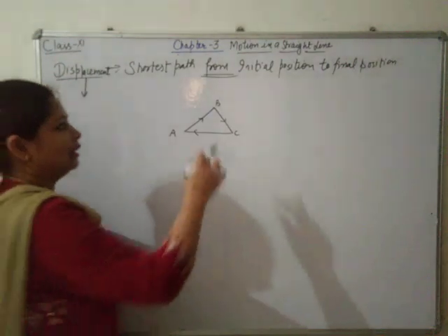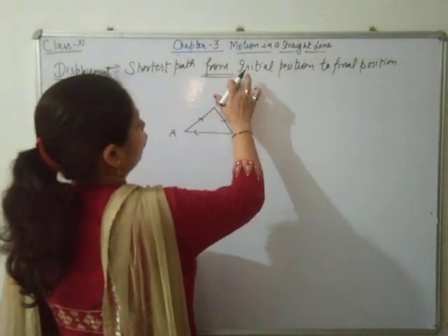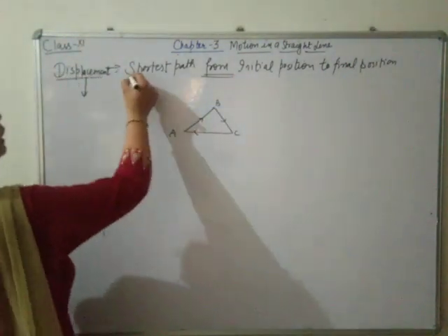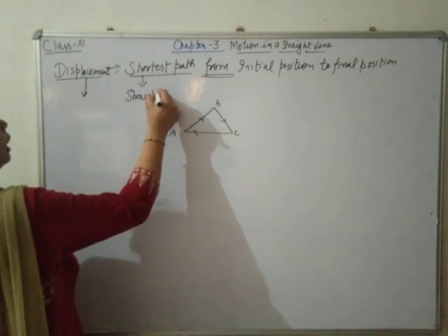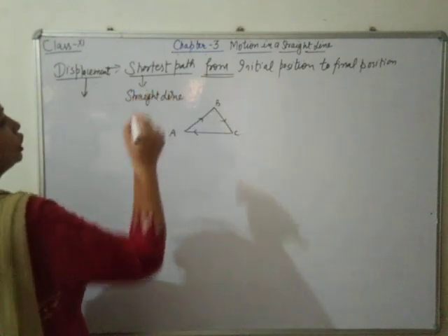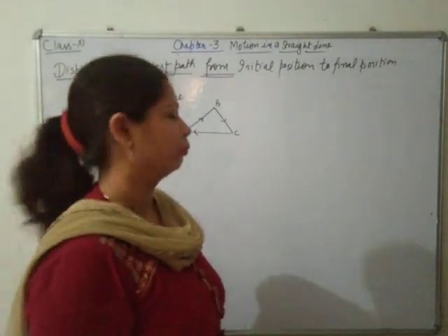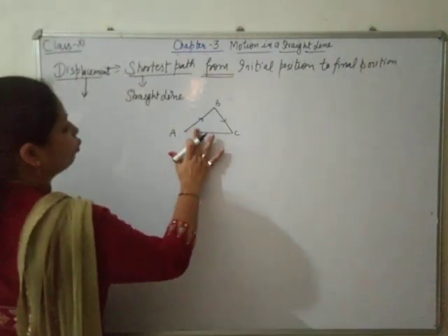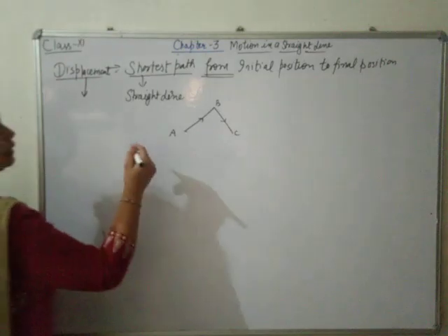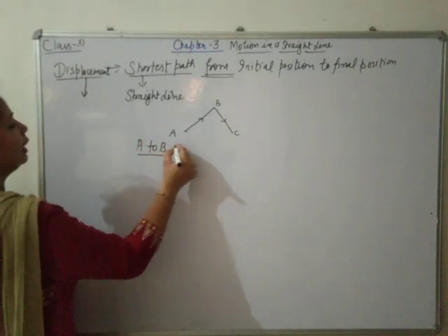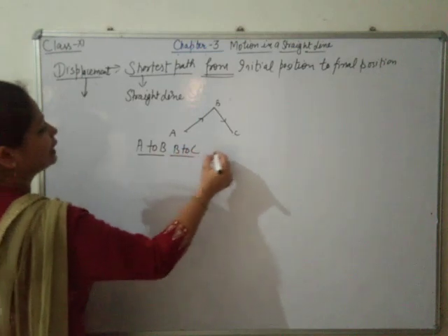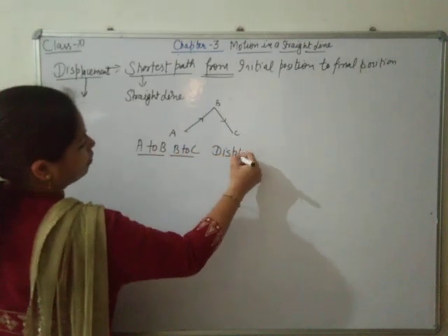For measuring displacement, we have to draw a straight line, because shortest means a straight line path from initial position to final position. For the example that we have considered during distance measurement, when body moves from A to B, then B to C, then what will be its displacement?